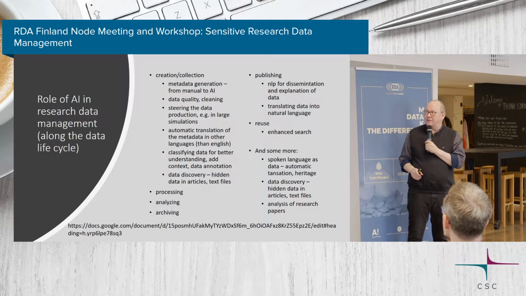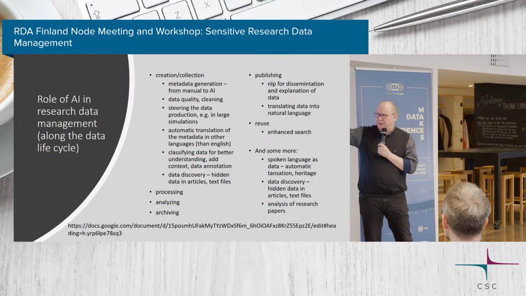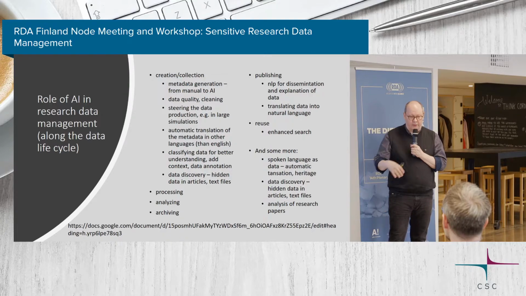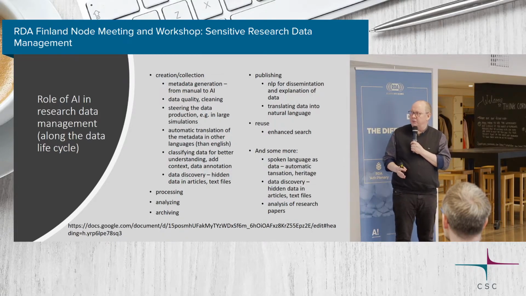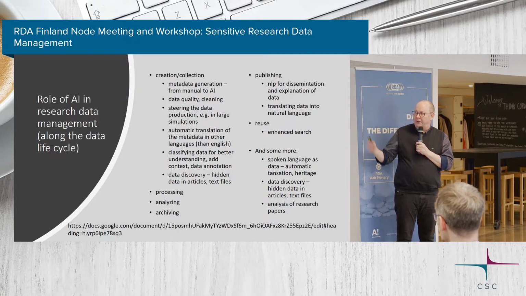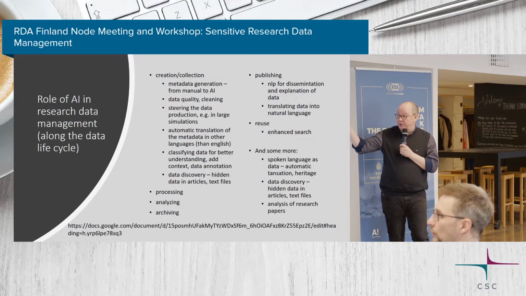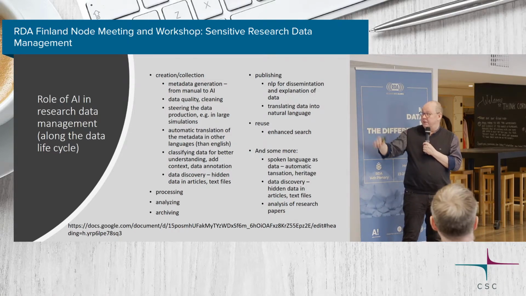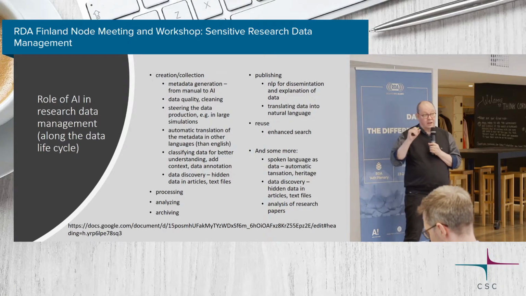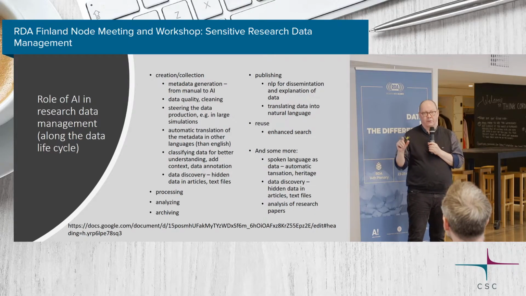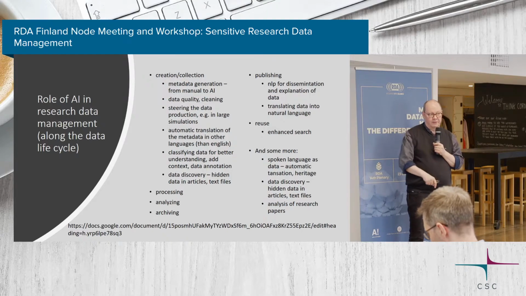In this discussion we found a number of examples where we can use artificial intelligence along the data life cycle: creation, processing, analyzing, archiving, publishing, and reuse, and there are a number of different techniques for that. Artificial intelligence is one thing which is coming into research data life, but also into research data management.